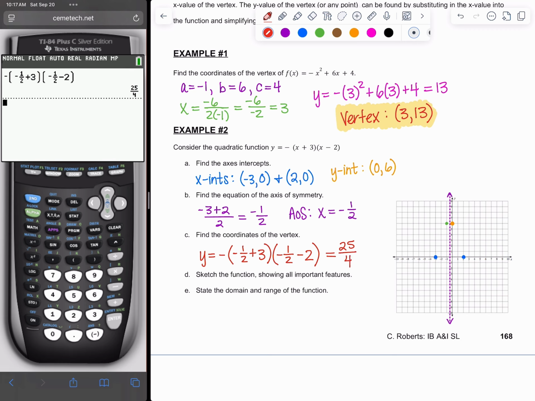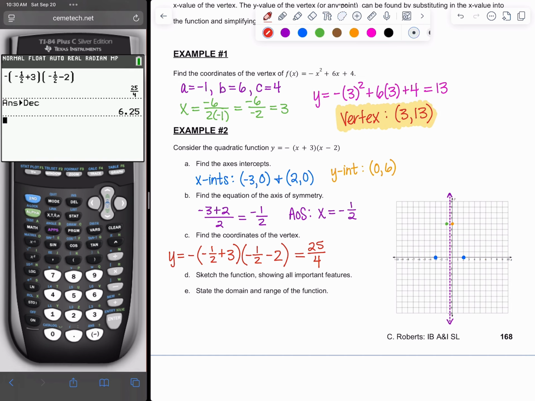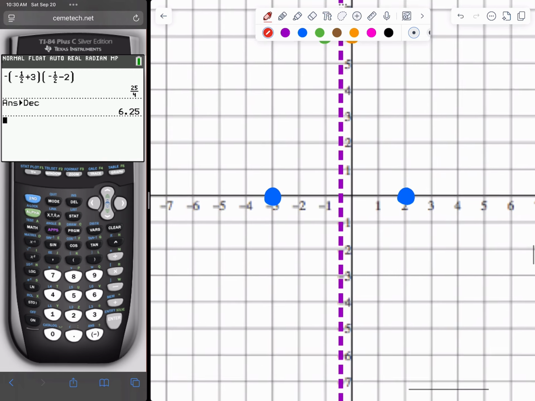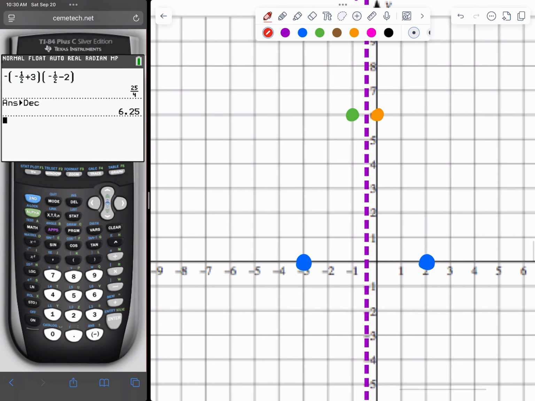And 25 over 4 as a decimal is 6.25. The vertex is located at negative 1/2 and 25 over 4. All right. So if we were to graph this, we know that 25 over 4 is 6.25, which will be somewhere right around here. So that'll be our vertex.